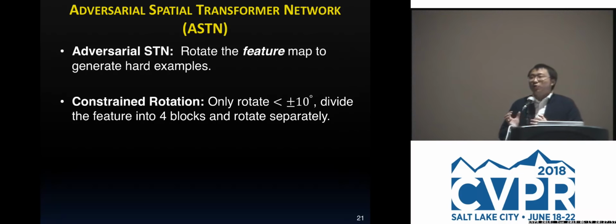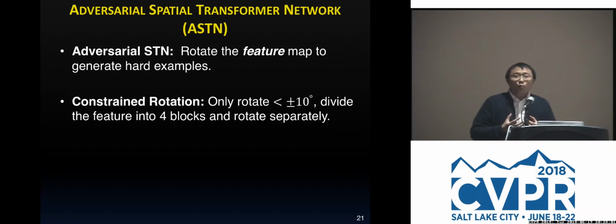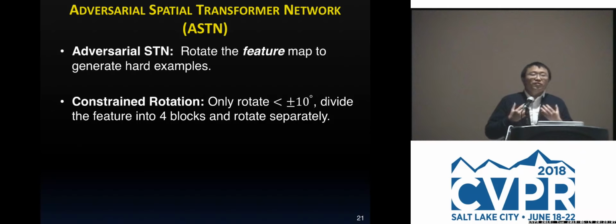However, in this talk, we are going to do it in the opposite way. We want to use this spatial transformer network to make recognition harder. So the detector should still recognize the object even when the feature is transformed.